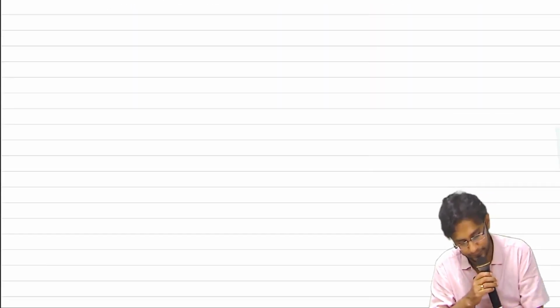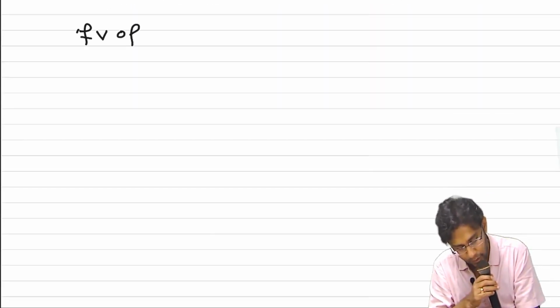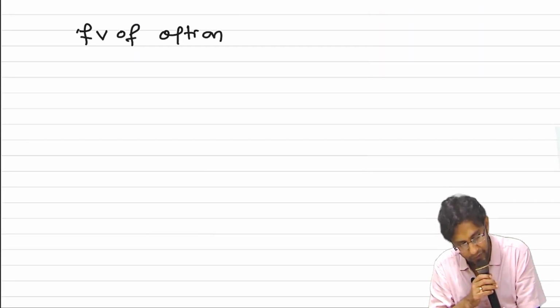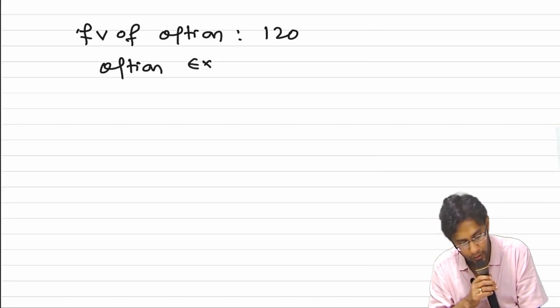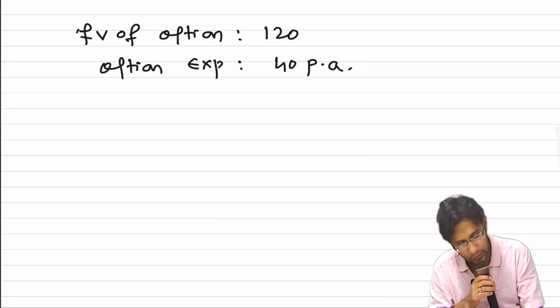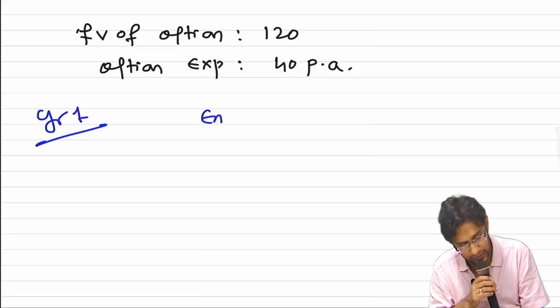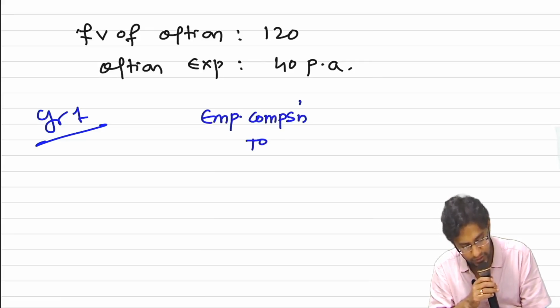Another case. Fair value of option 120. Option expense is 40 per annum. Data same, story different. When I am in year 1, I wrote this entry: employee compensation account debit to SBP reserve, amount of 40.